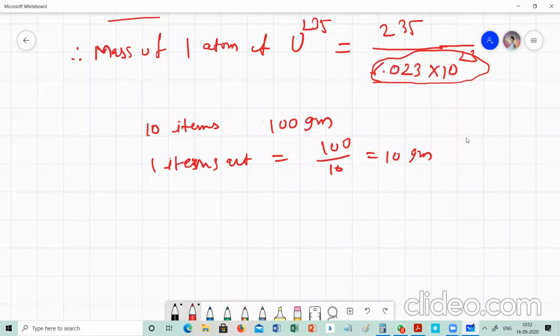Therefore, we have the mass of one atom of uranium-235. So we can now calculate the mass of uranium undergoing fission in an hour.